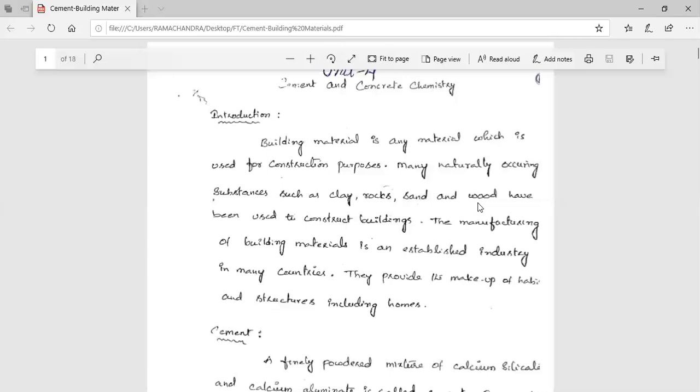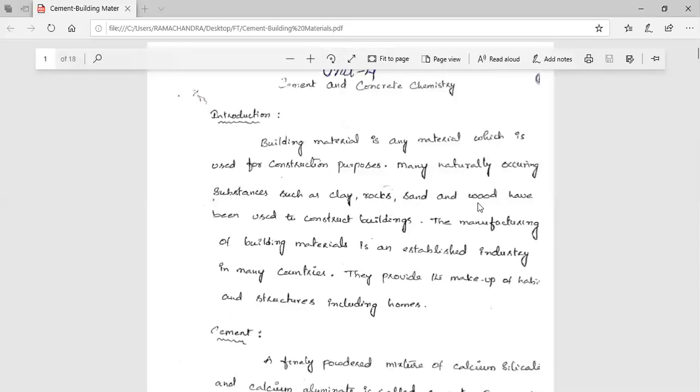So how do we utilize these components to make building construction materials? Many manufacturing companies and industries were established in many countries.